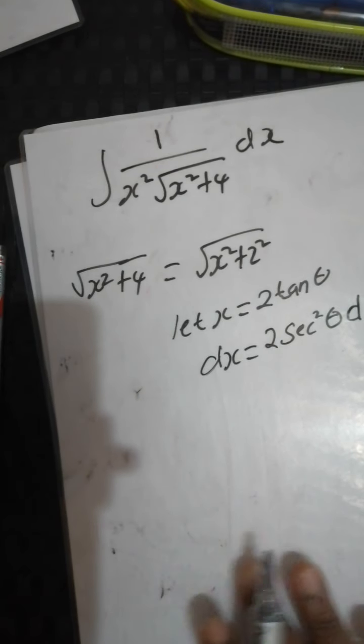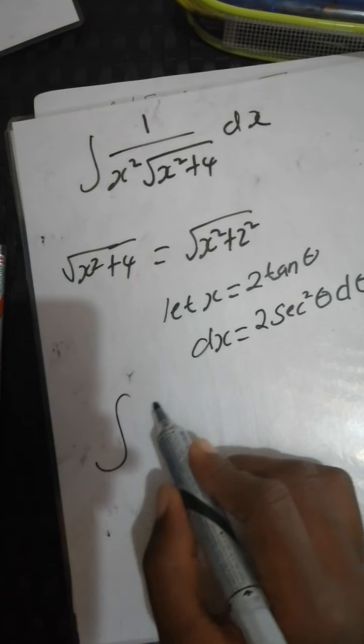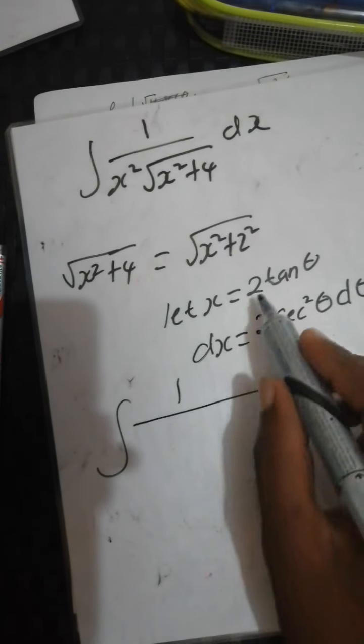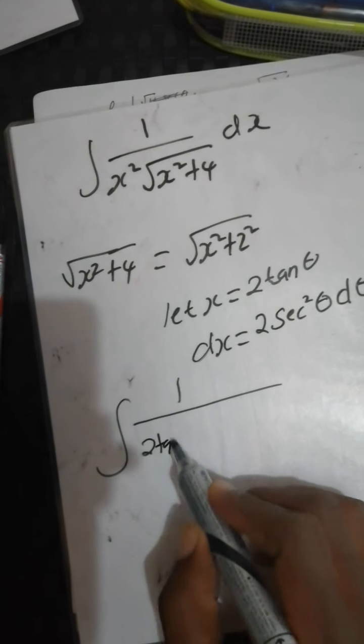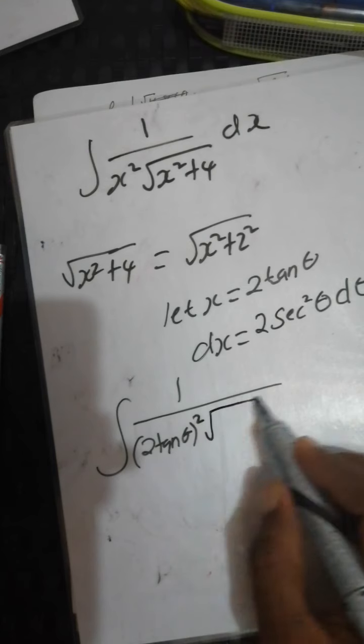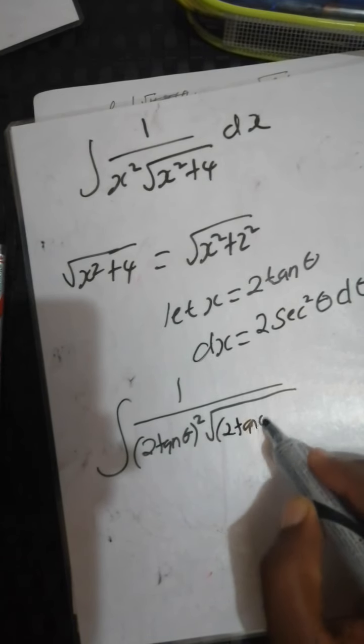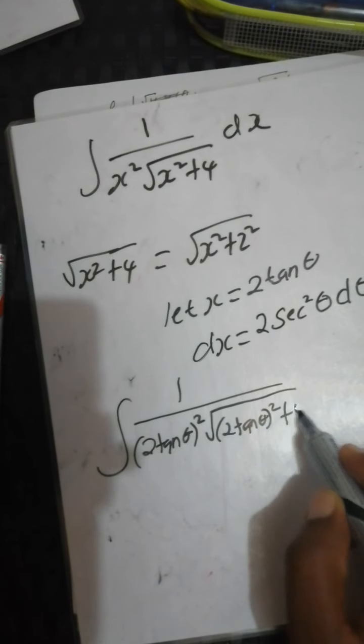Now let us substitute everything back into the formula. We said our x is equal to 2 tan theta, all squared. Then x again is 2 tan theta, squared, plus 4.